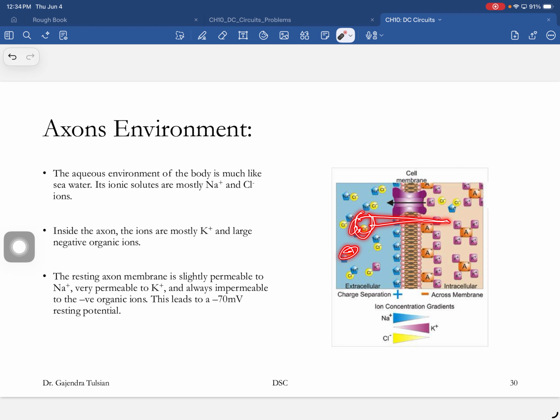There are still potassium ions trying to get out, but this positive charge will prevent them from coming out. So the equilibrium condition is some of these potassium ions have leaked out, this has become positive, and this region has become negative, and that equilibrium is minus 70 millivolts.